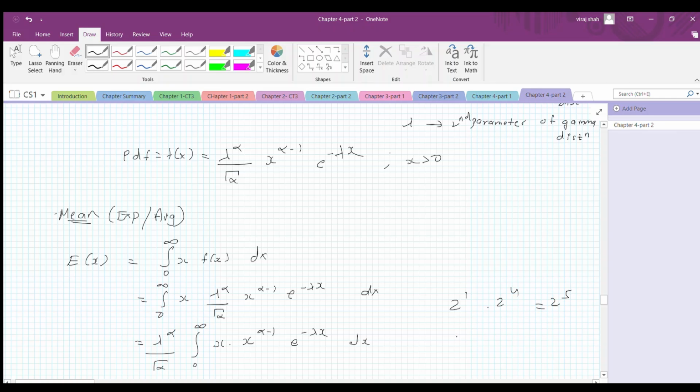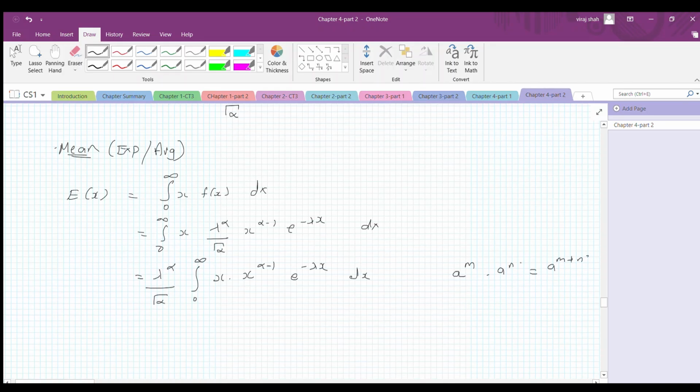The property of indices is a raised to m into a raised to n equals a raised to m plus n. I will use this since the base x is the same, adding m and n. M is 1 and n is alpha minus 1, so the 1 and minus 1 cancel and I'm left with x raised to alpha, e raised to minus lambda x dx.